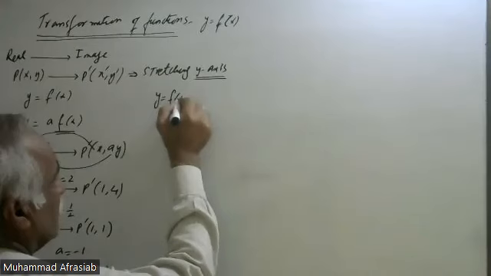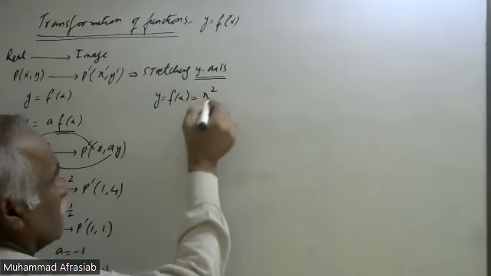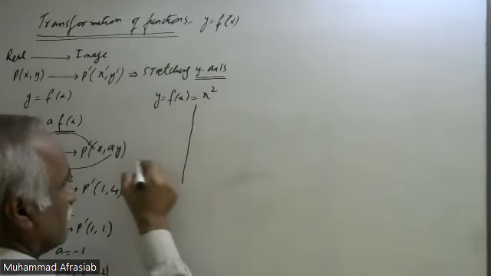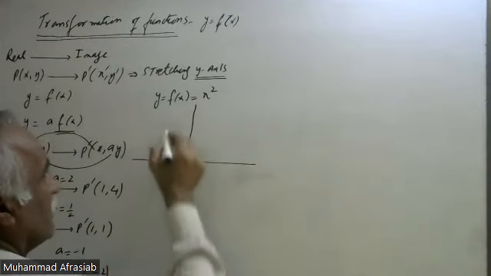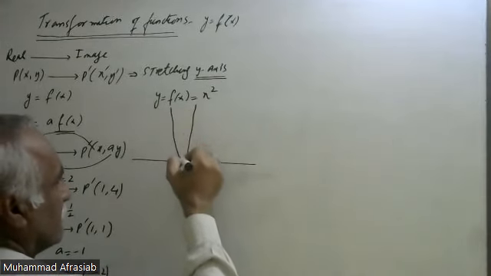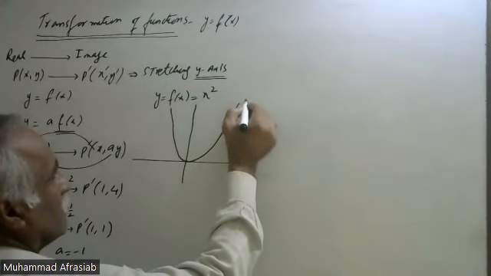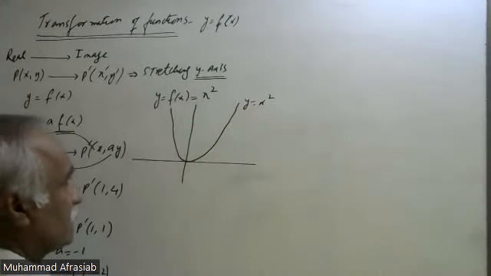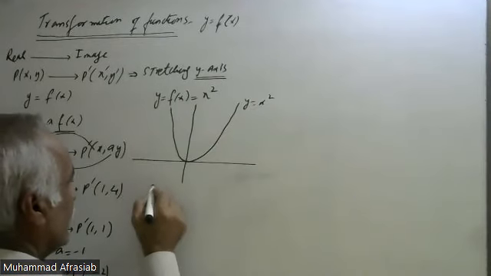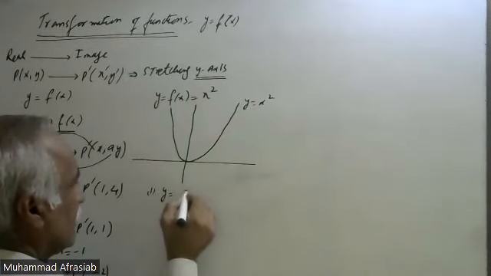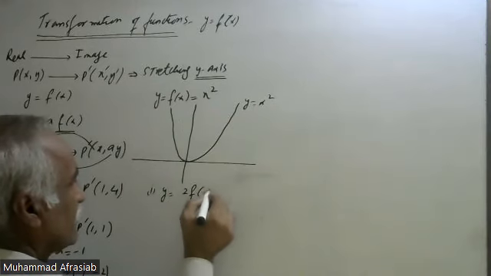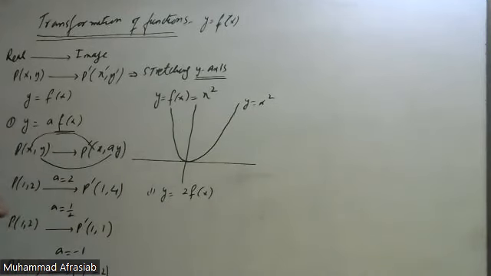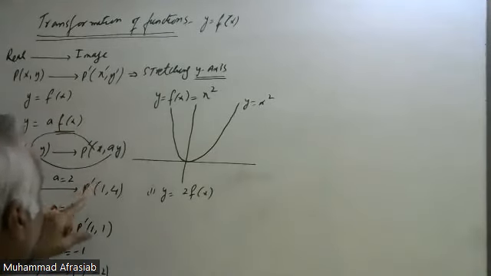y is equal to f of x, and let's say that is equal to x square. If we draw the graph of this, it is y equal to x square. Now, if they ask to draw the graph of twice f of x, we have seen here that the values of x remain the same, whereas the y value is going to be changed with the coordinate a y.